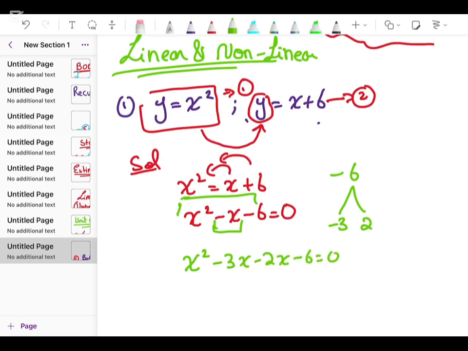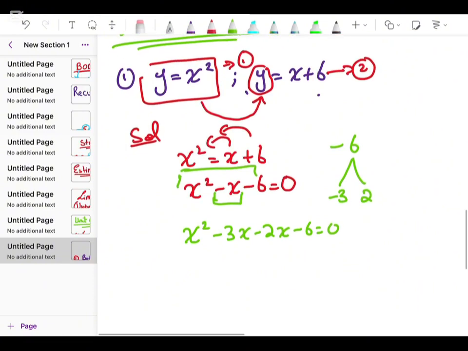It is important for all of you to go through the algebra topic video, because I already explained the middle term break concept. Now we have to take common, so the common we have in this is x minus 3, and in this 2 is common, so x, okay, we have the positive 2, sorry, I made a mistake, x minus 3 equal to 0.